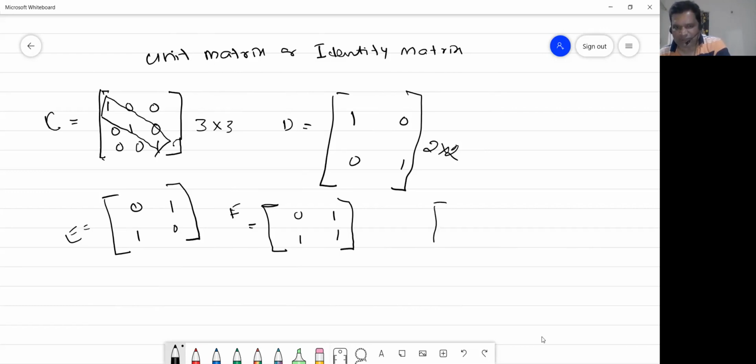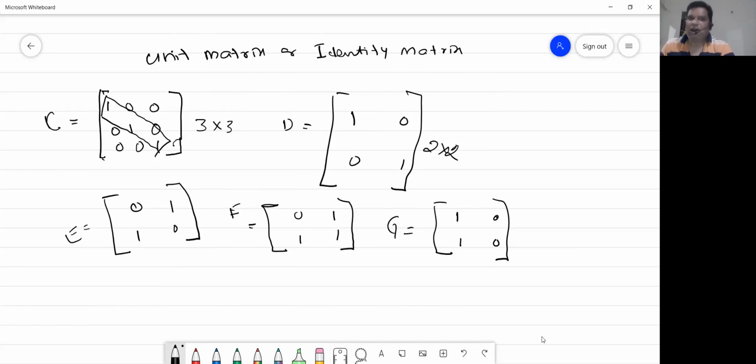I'll write another example, G matrix: 1, 0, 1, 0. This is also not a unit matrix. Only when the elements of the principal diagonal are equal to 1 and the other elements are equal to 0 is it called a unit matrix.